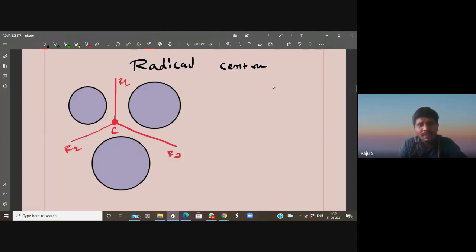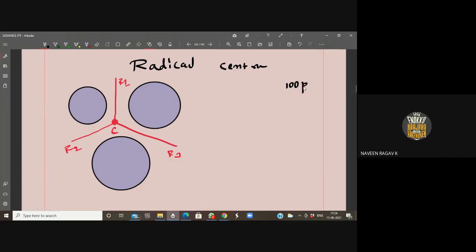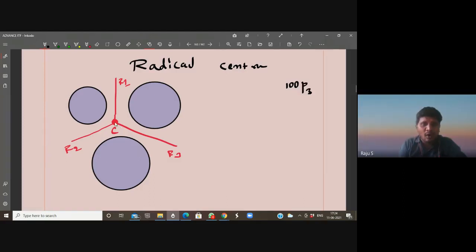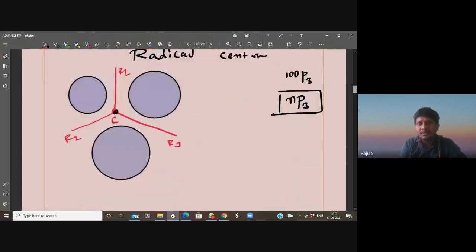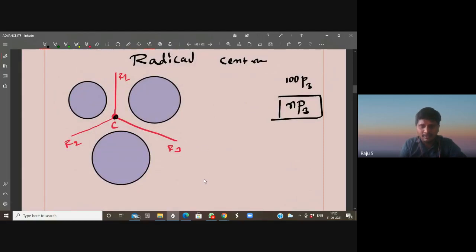100 circles are given. 100P3, exactly. The minimum number of circles required to get the radical center is 3, so 100P3. If I take n circles, nP3. Remember this formula: nP2 for radical axis, nP3 for radical center.